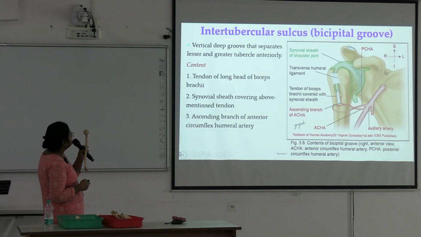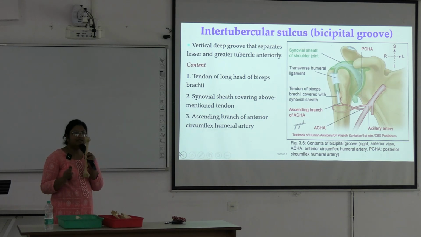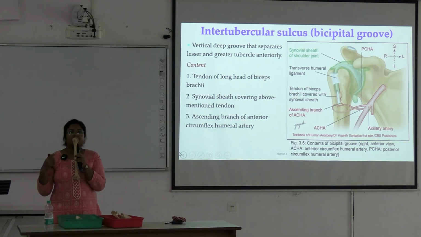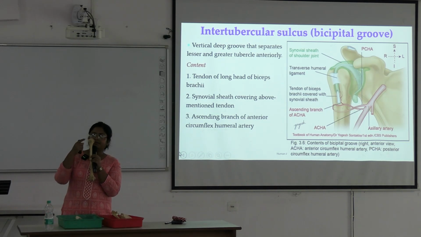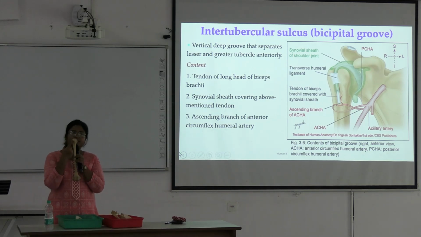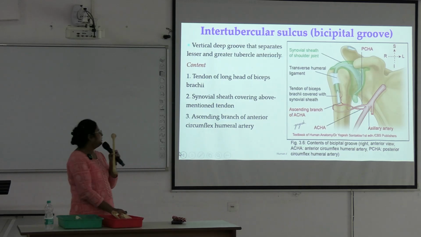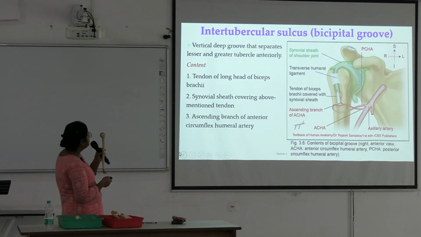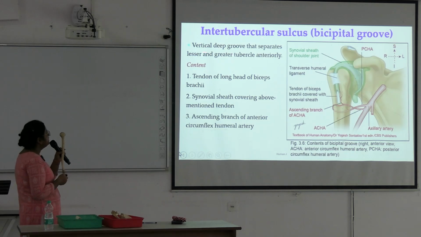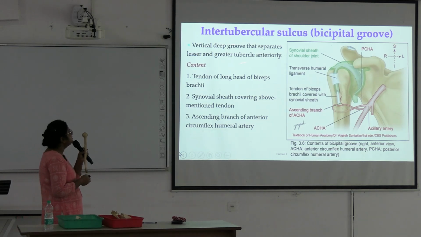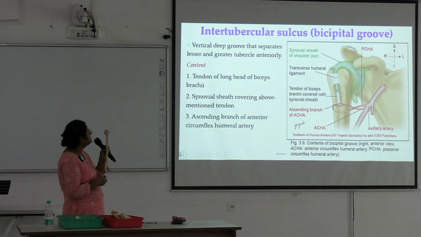Okay, next we go to intertubercular sulcus or bicipital groove. Intertubercular sulcus lies between greater tubercle and lesser tubercle. So this groove is the intertubercular sulcus here. Okay, so what are the contents? It is a vertical deep groove that separates lesser and greater tubercle anteriorly.